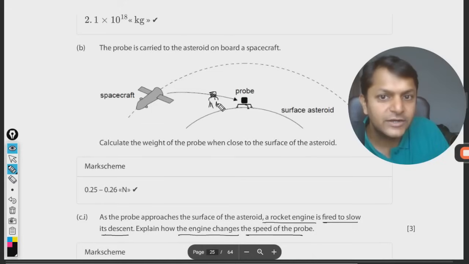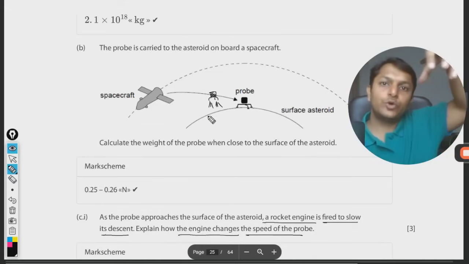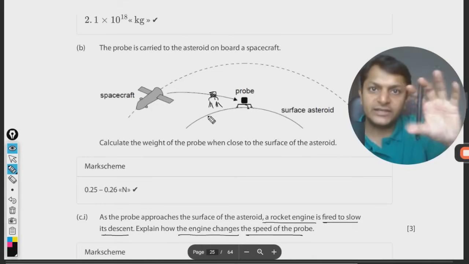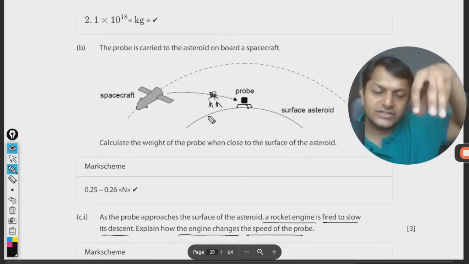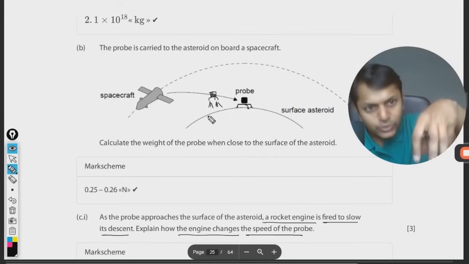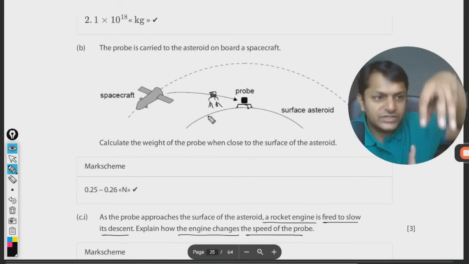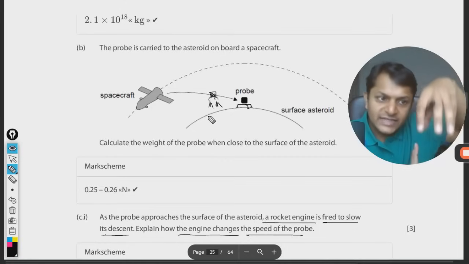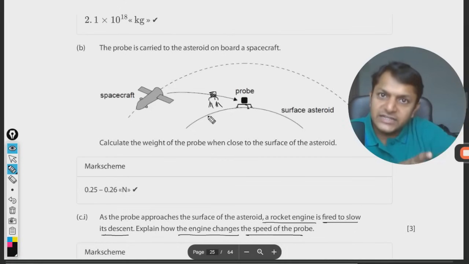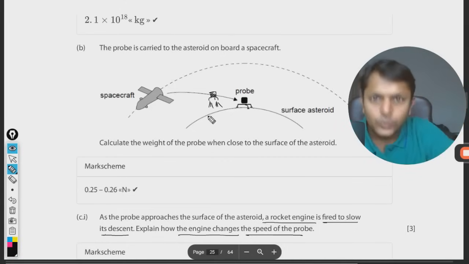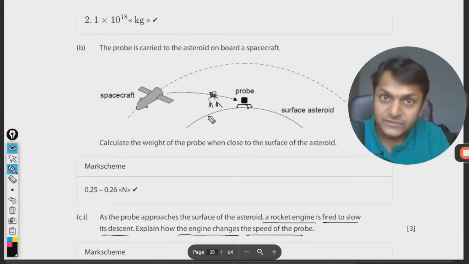There are rockets firing, and the probe is still straight, not bending. It is moving down, but the firing from the rocket is reducing its speed. It is eventually decreasing its speed and it will become zero when it lands on the surface.